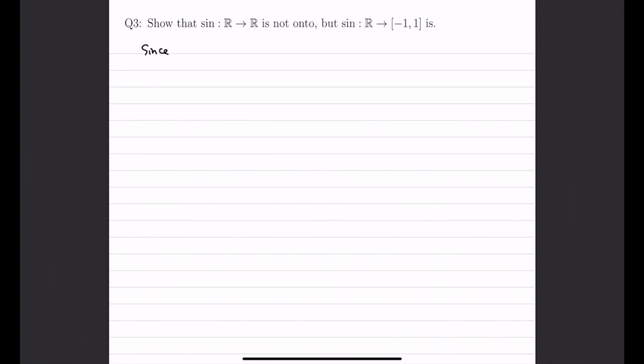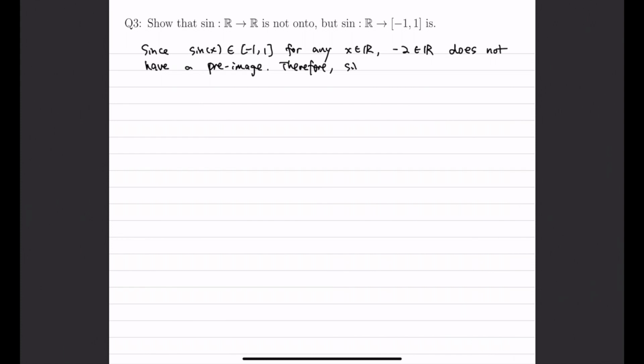So since sine of x is between -1 and 1 for any x, if we consider -2 in the codomain, we will find that -2 does not have a pre-image. Therefore, sine from real numbers to real numbers is not onto.